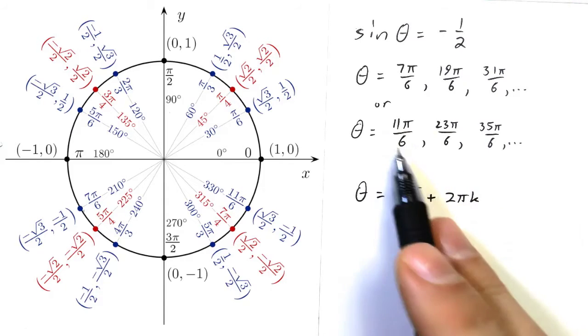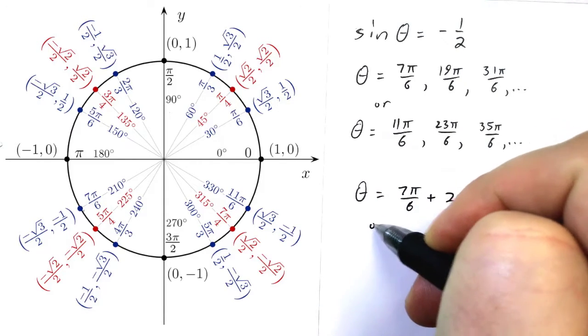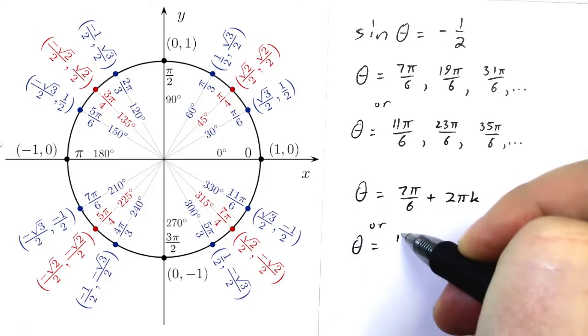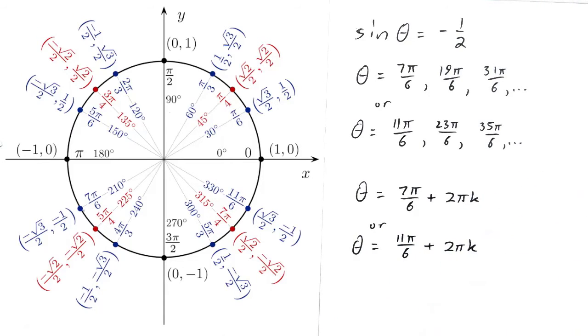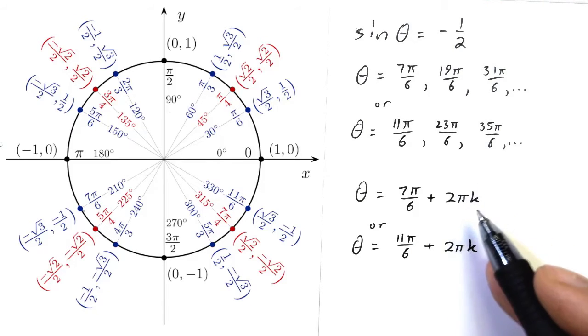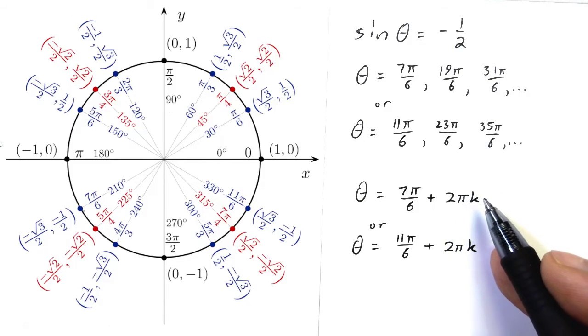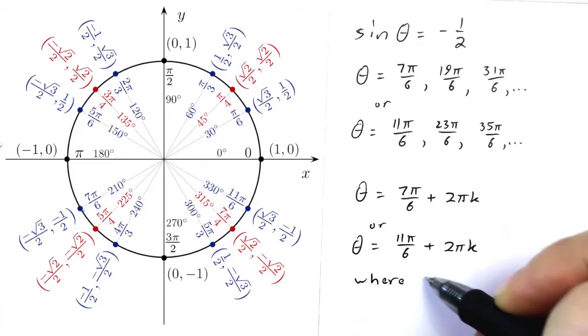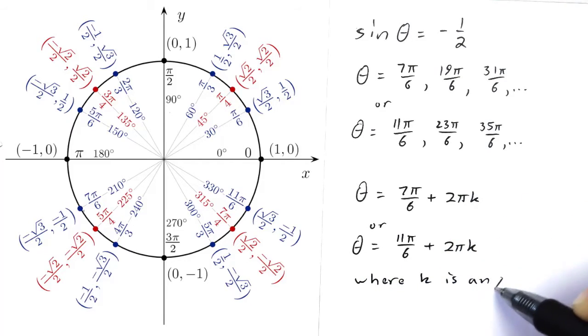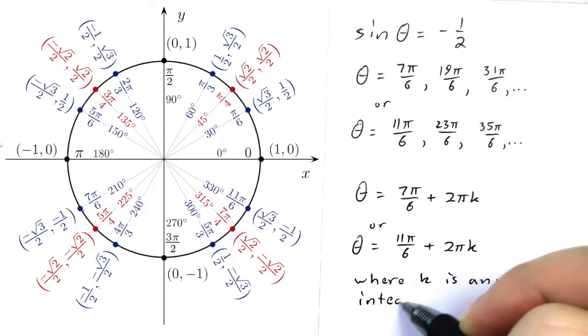And how did I get these? Well, I started with 11 pi over 6, and I added 2 pi k. Now, what is k? You can't just throw out a variable that means something without telling people what it means, right? So we have to write that, where k is any integer.